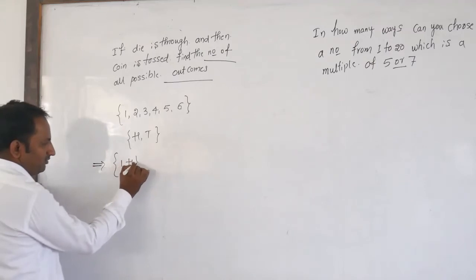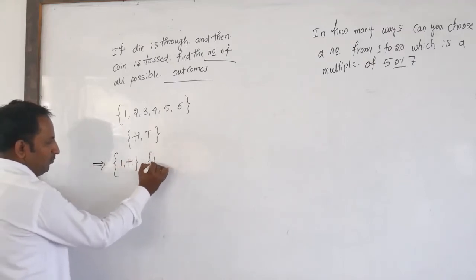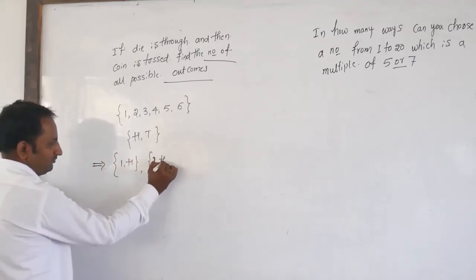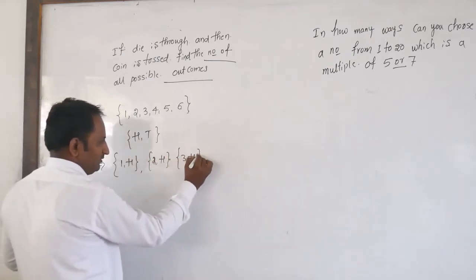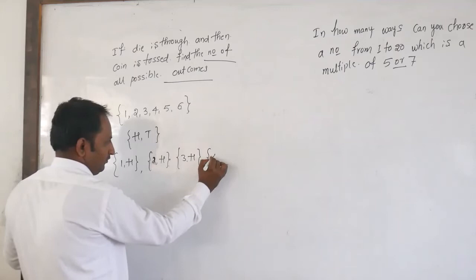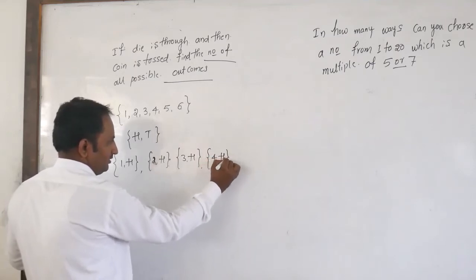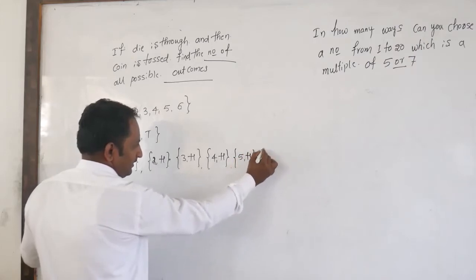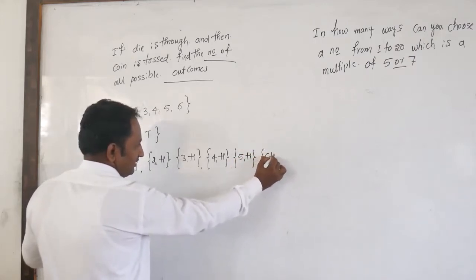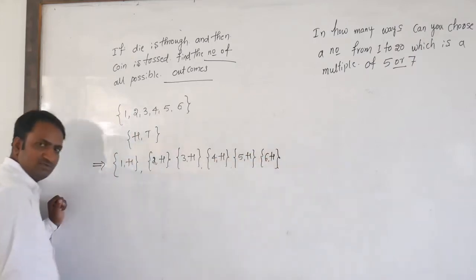1H, 2H, 3H, 4H, 5H and 6H. These are one type of possibility.